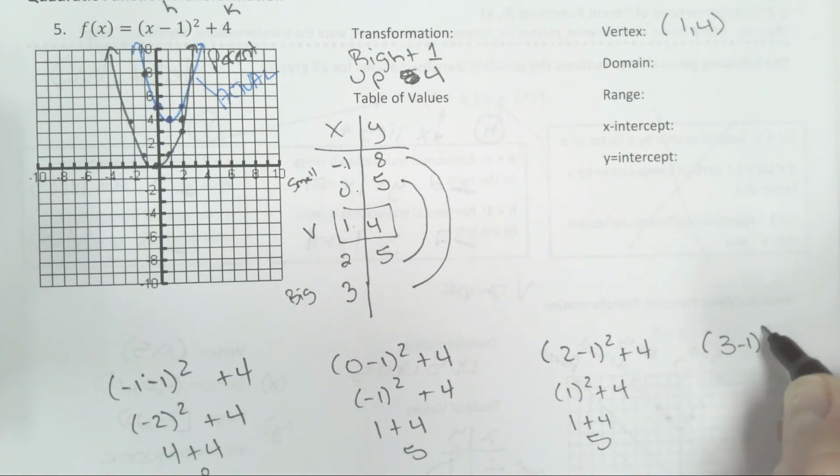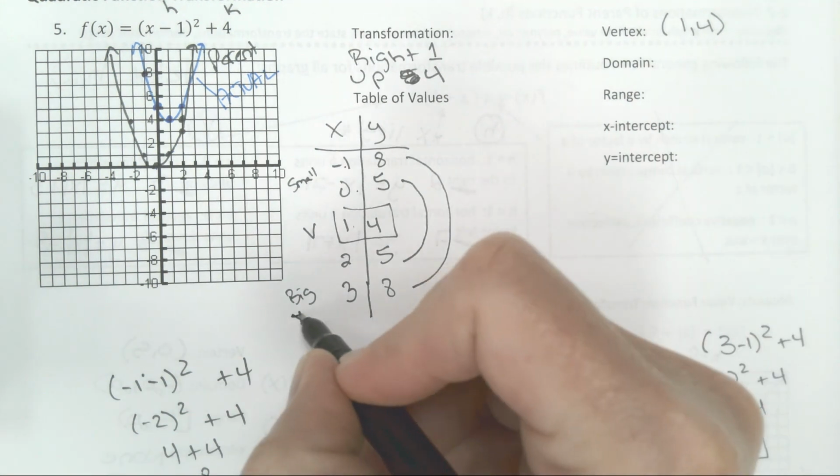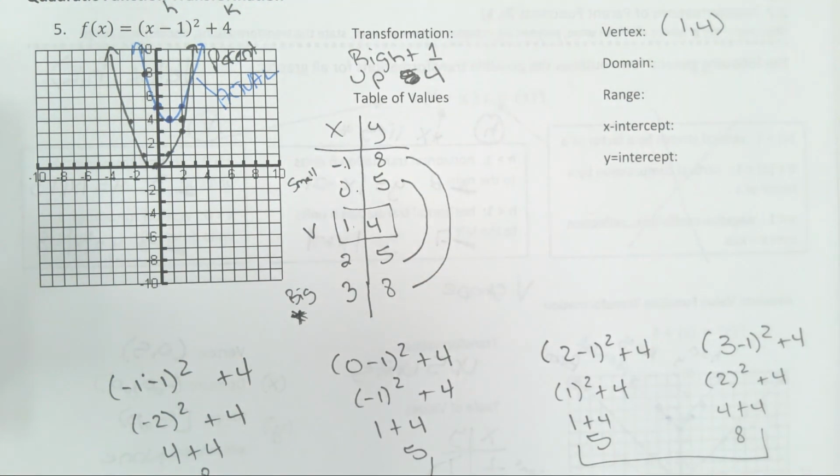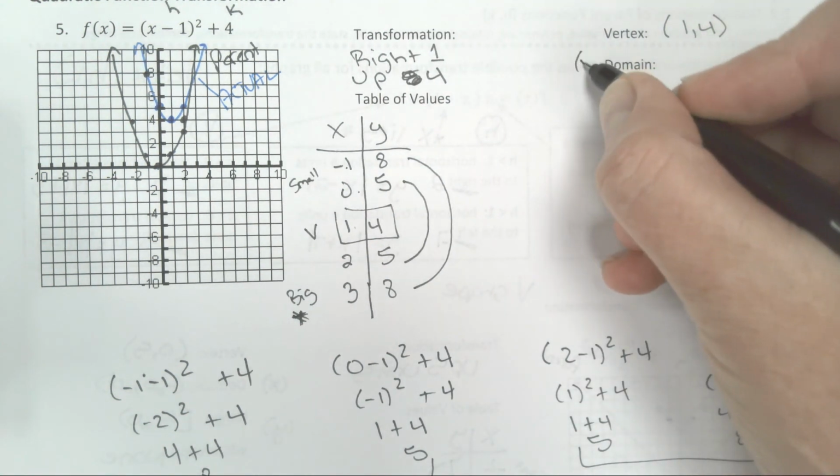I have 3 minus 1 squared plus 4. 3 minus 1 is 2. 2 squared is 4. And 4 and 4 adds up to 8. So because these two are always the same as these two, that is why I generally only do the bigger numbers. Your domain, any x is okay.